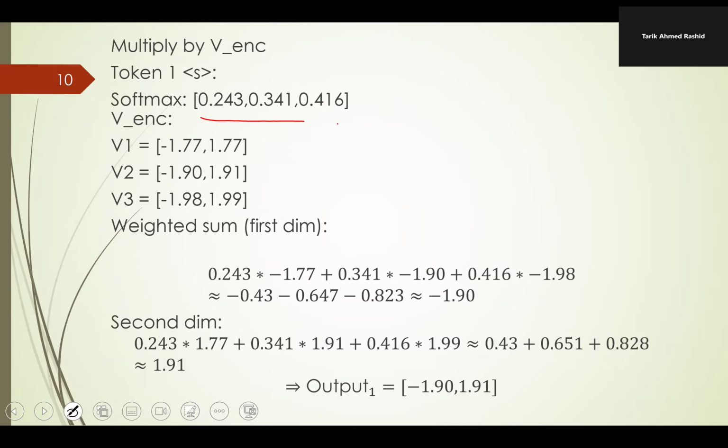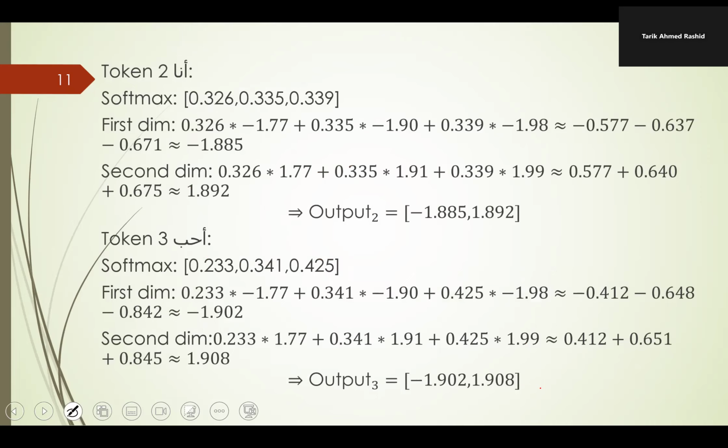So that's the first row multiplied by this one. 0.243 multiplied by minus 1.77, and 0.34 multiplied by minus 1.9, this row. So this multiplied by this row, and this multiplied by this row, we should get the first row output.